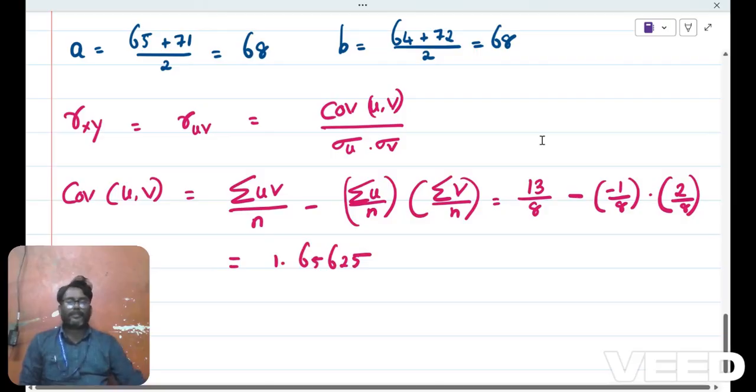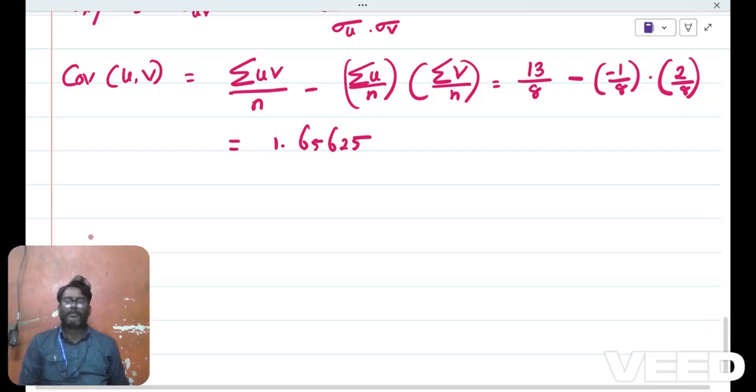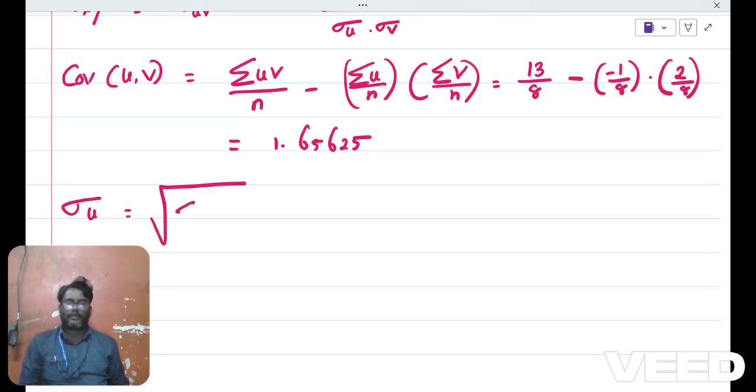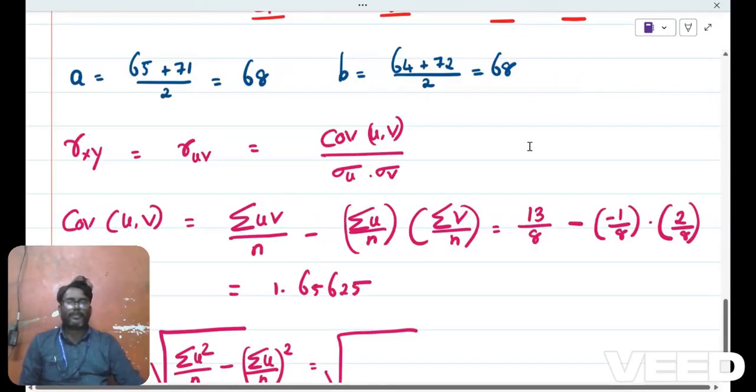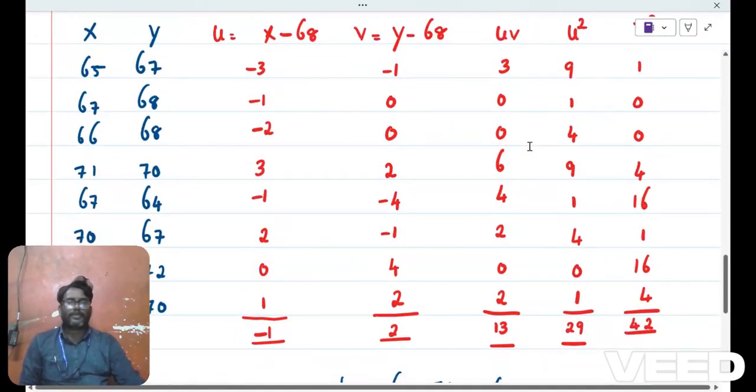Next, we will compute the standard deviation for u, that is sigma u, which is equal to the square root of sigma u square by n minus sigma u by n the whole square. First we will find sigma u square. Here sigma u square is 29.